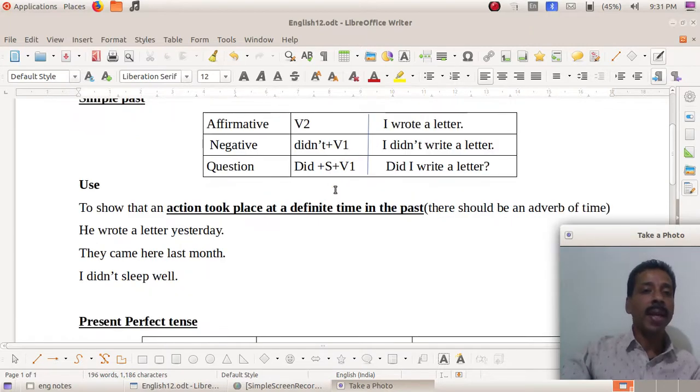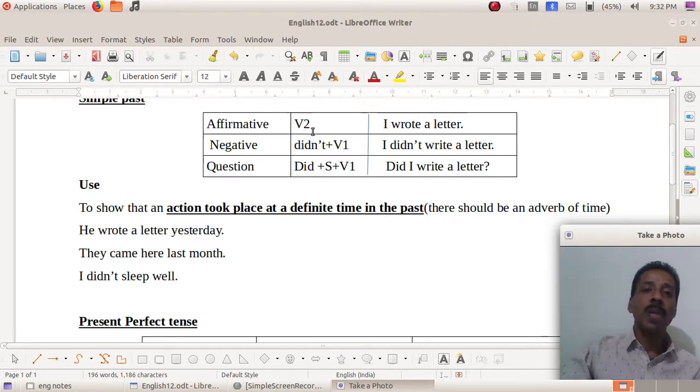And if it is negative, we have learned that the negative can be formed by adding not to the auxiliary. And here, while we use directly V2 form, there is no auxiliary. So what do we do? We split the main verb using the forms of do.